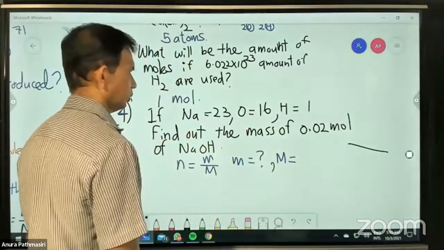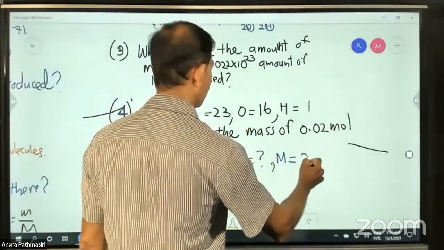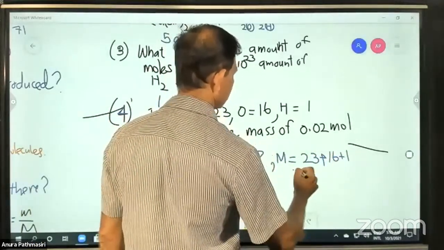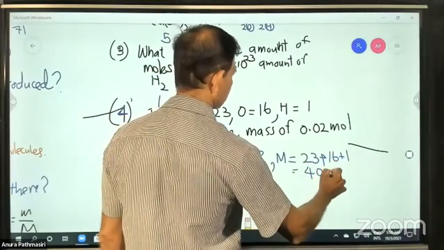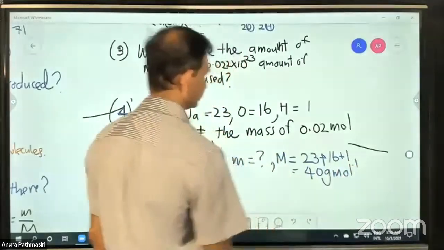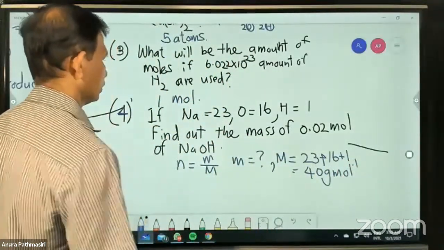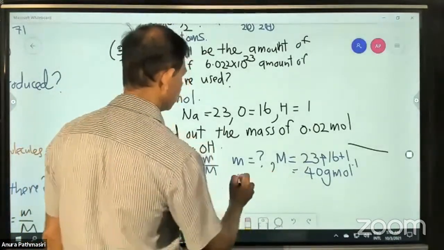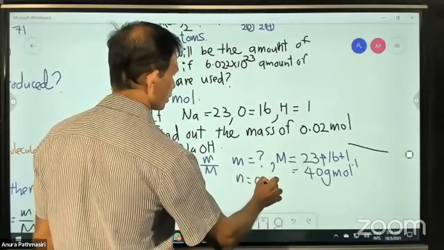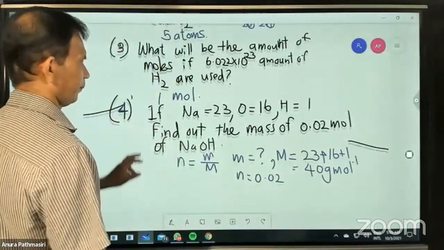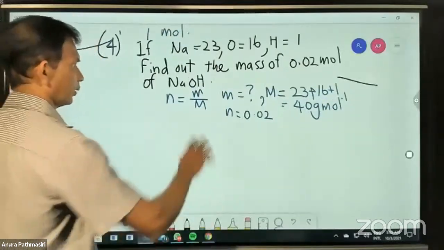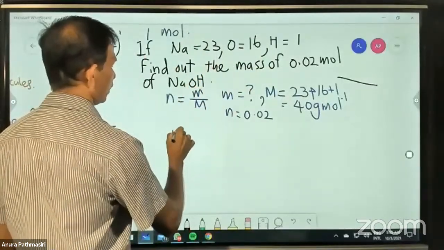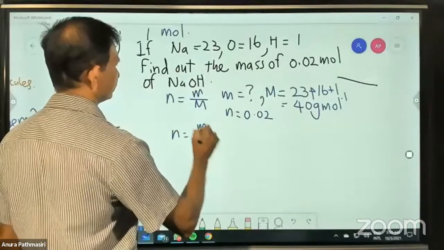Na 23 plus 16 plus 1 would make 40 grams per mole. n is given as 0.02. Now I'm going to put that together.